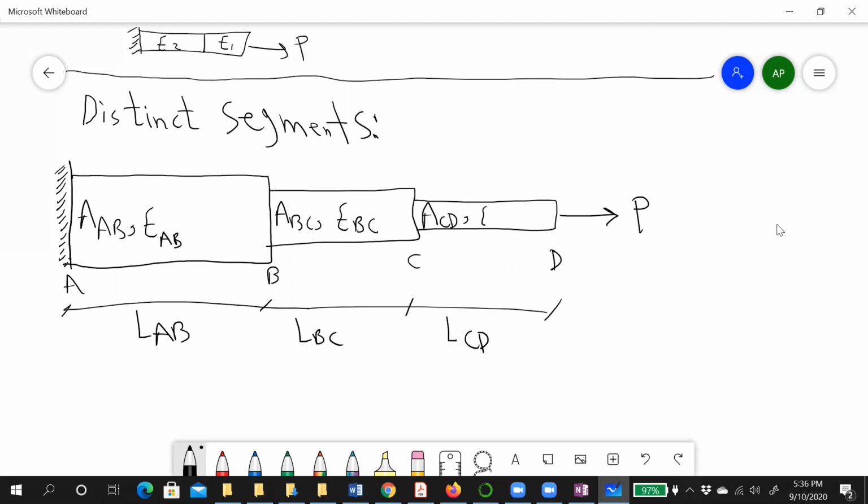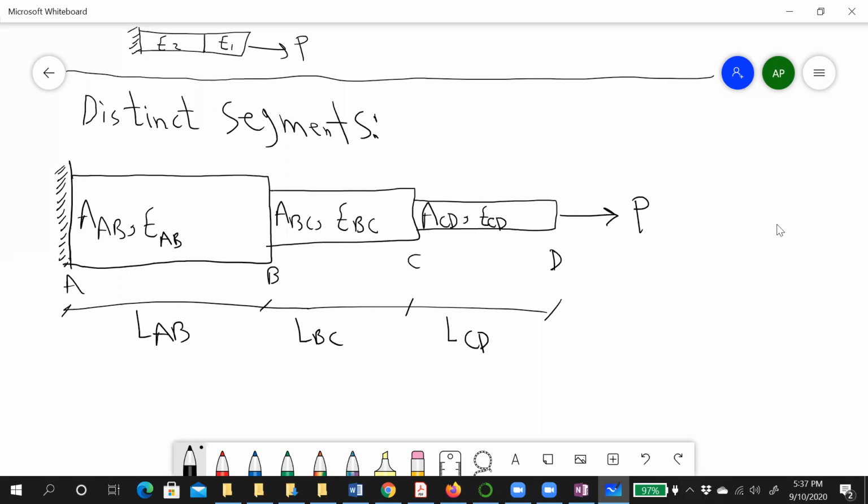I'm just writing very general, arbitrary segments connected to each other. So we can see we have three segments. First of all, we should use statics to find the forces in each segment.